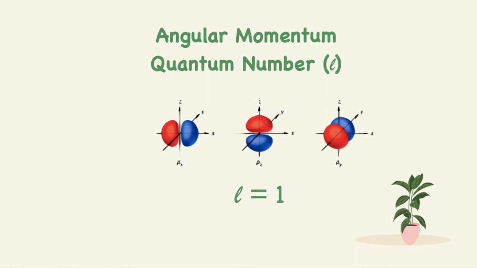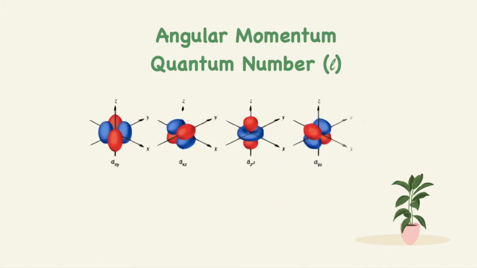We have px, py, and pz, and we have 5 different orbitals for the d orbital, but all of these orbitals have l equal 2, so it will be in the d subshell.